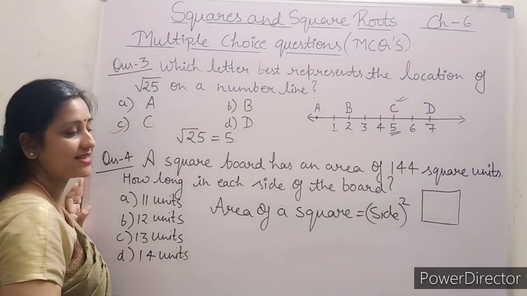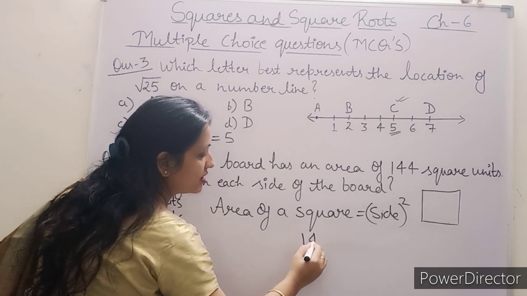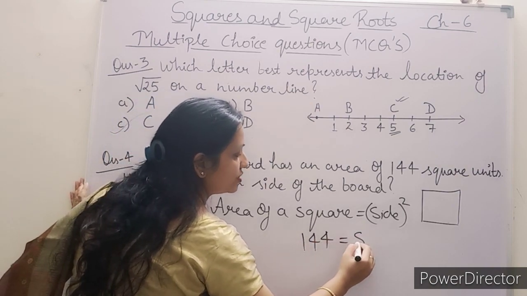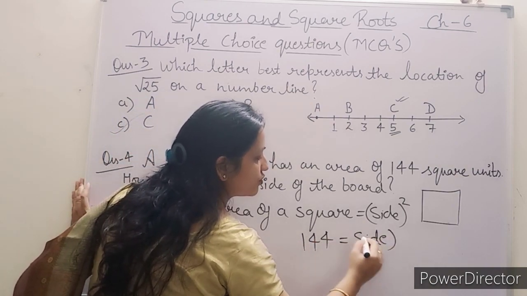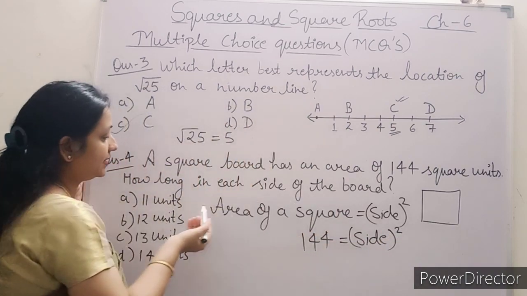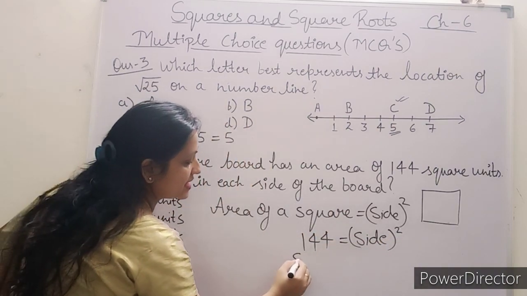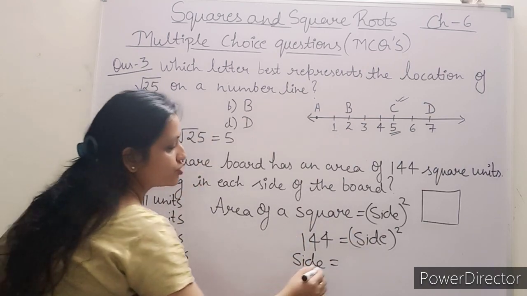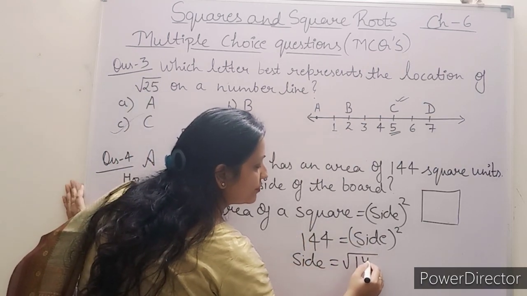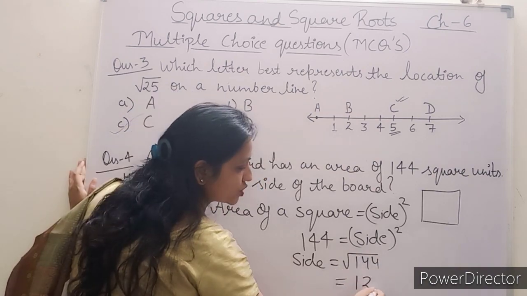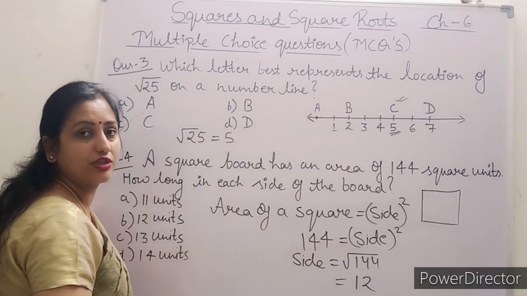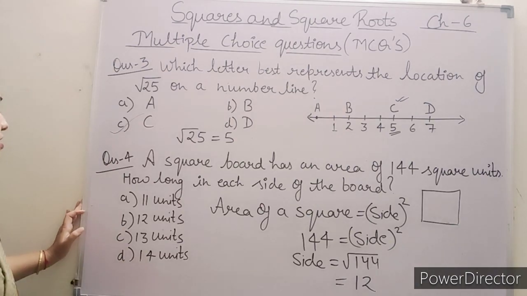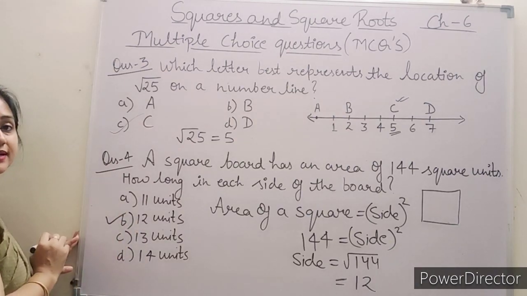The area is 144, so 144 is equal to side square. We have to find the side. So we transfer this square to the other side, and it will be root 144. The square root of 144 is equal to 12. So here option B is correct.